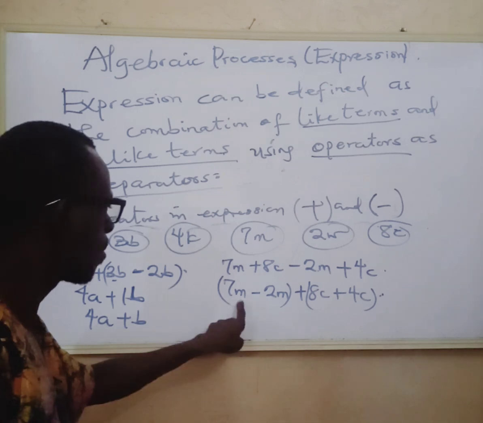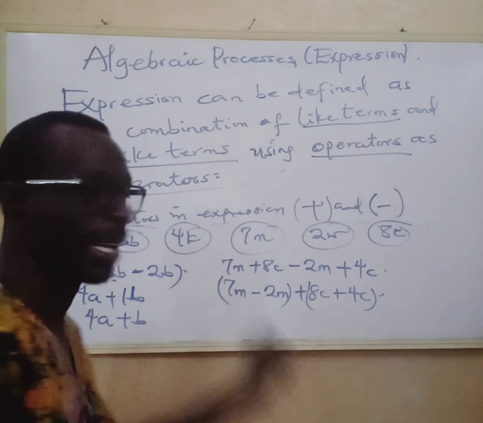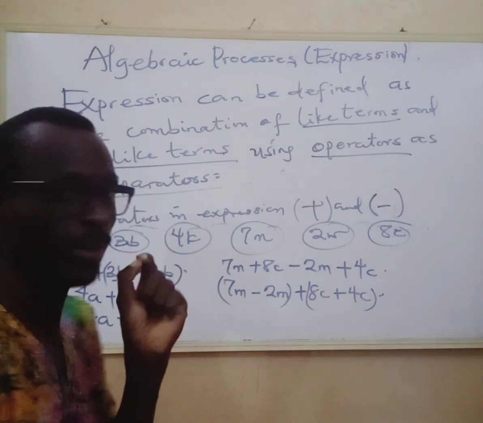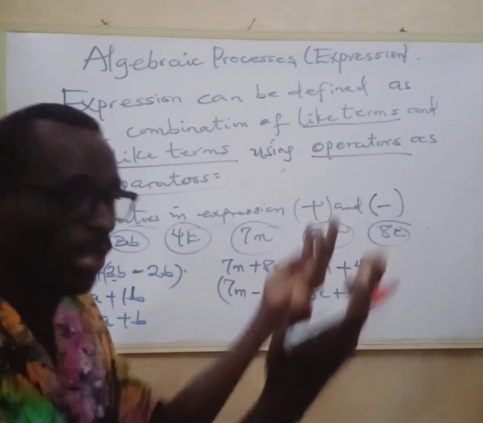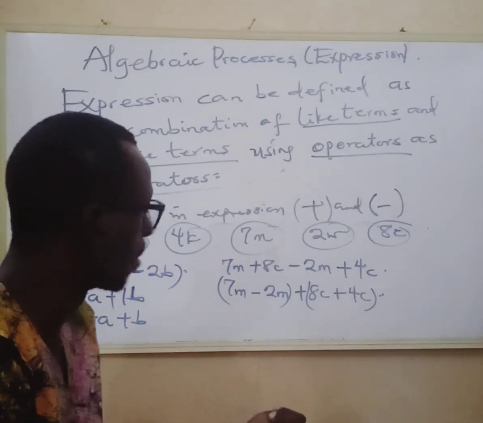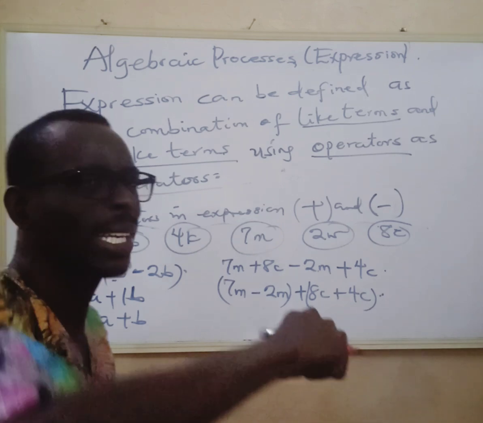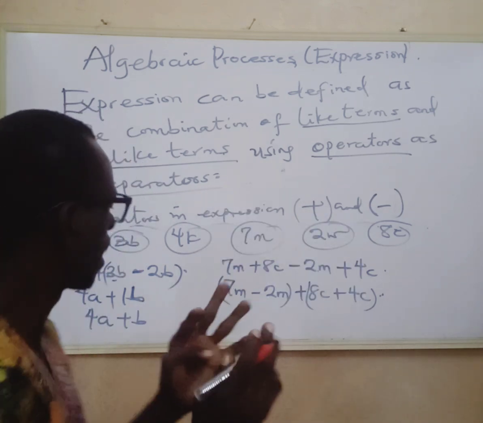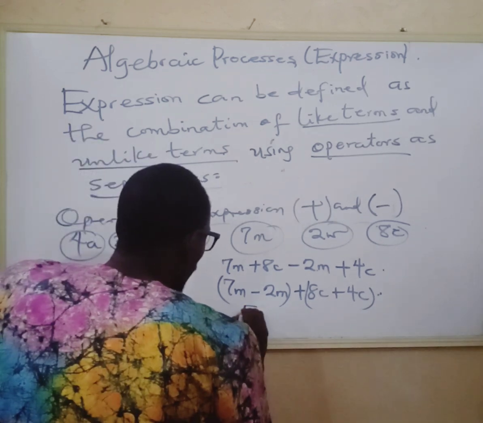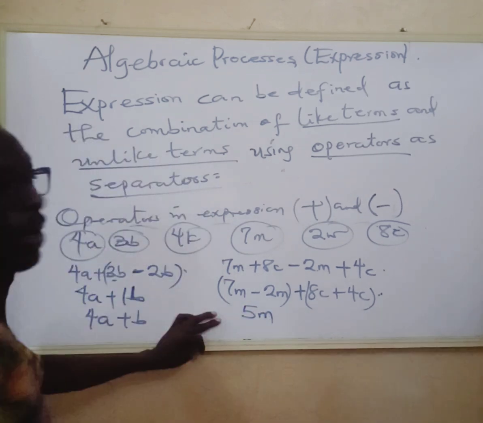So 7m minus 2m, you have 7 kilos of chicken minus 2 kilos of chicken. You have 7 kilos of chicken on the scale, and you are taking 2 away from the scale. That means you are left with 5 kilos of chicken.